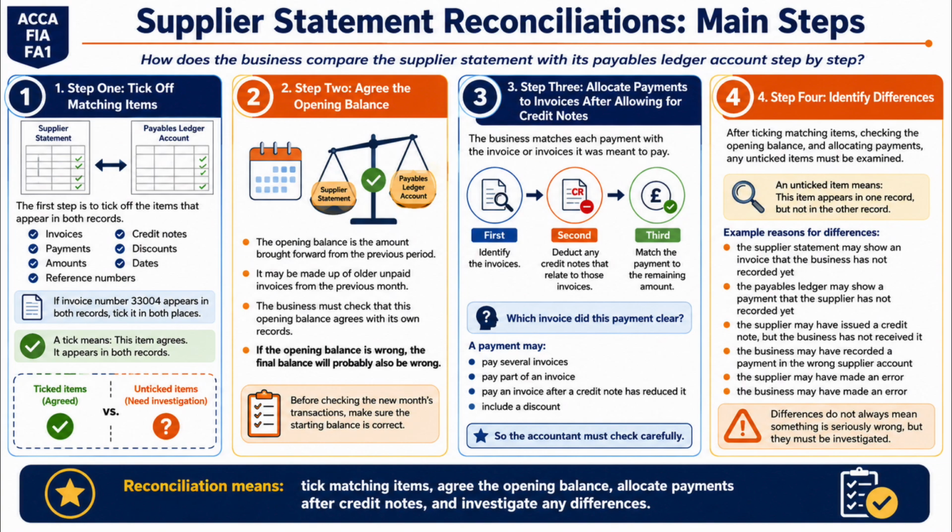The payables ledger may show a payment that the supplier has not recorded yet. The supplier may have issued a credit note, but the business has not received it. The business may have recorded a payment in the wrong supplier account. The supplier may have made an error. The business may have made an error. So, differences do not always mean something is wrong, but they must be investigated.